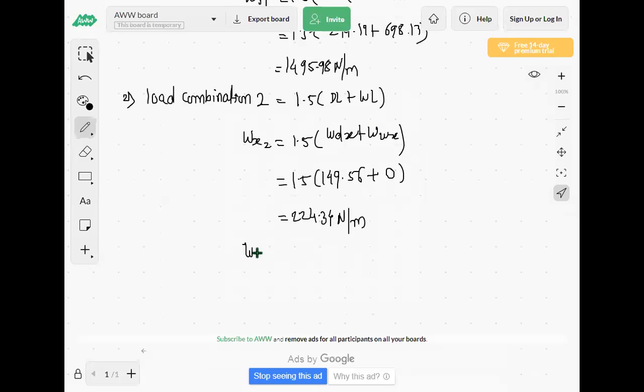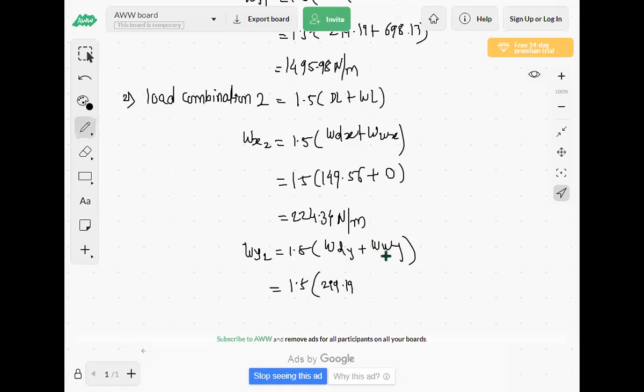Okay, and next, due to the second load combination, the y direction load is 1.5 into wdy plus wwy. So 1.5 into wdy is 299.19.